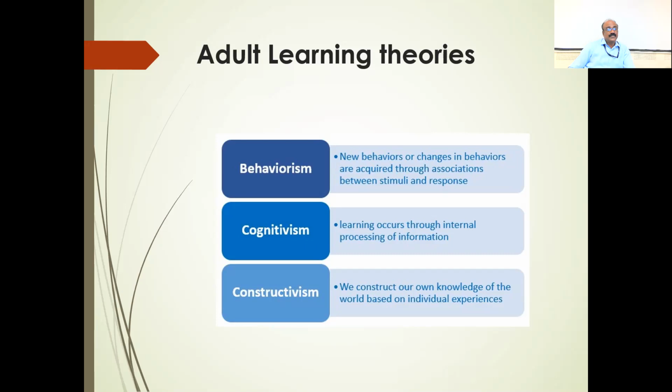First, behaviorism. Behaviorism equates learning with changes in the form of observable performance. Learning is accomplished when a proper response is demonstrated following the presentation of a specific environmental stimulus. For example, when presented with a flashcard showing the equation 2 plus 4 is equal to a question mark, the learner replies with the answer of 6. 2 plus 4 is equal to 6.